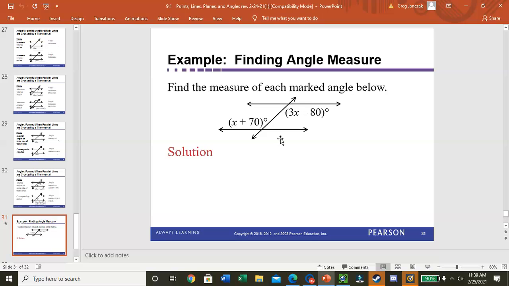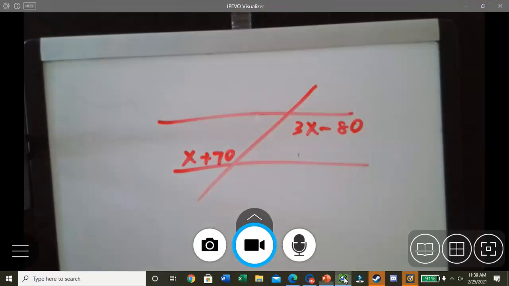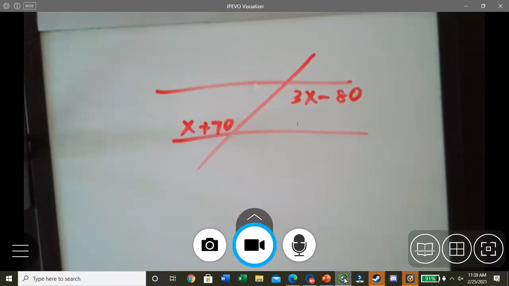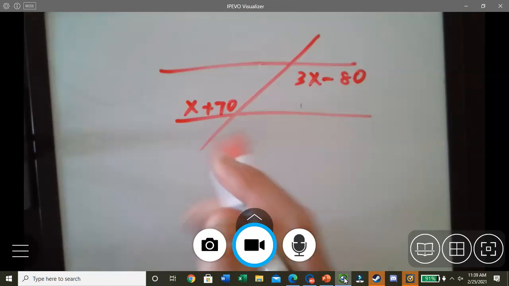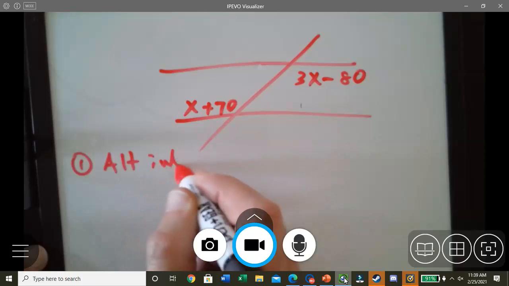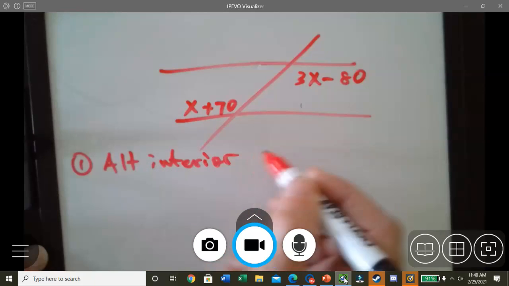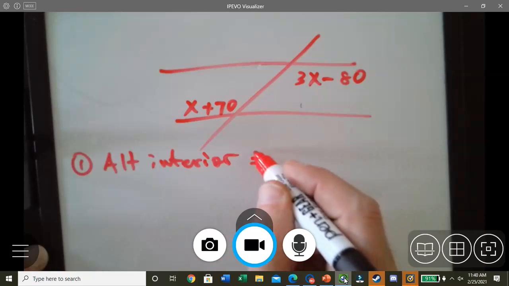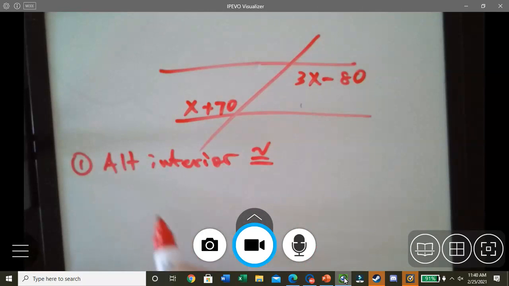So here we have parallel lines cut by a transversal, and we've got 3x minus 80 and x plus 70. Okay, so the first thing is to identify that alternate interior angles are congruent.